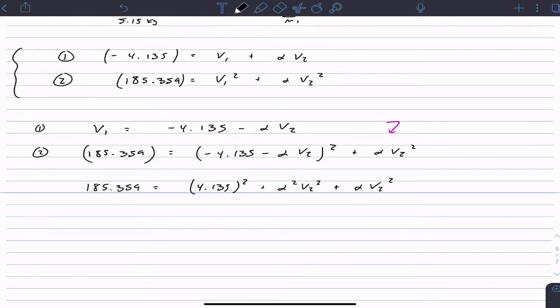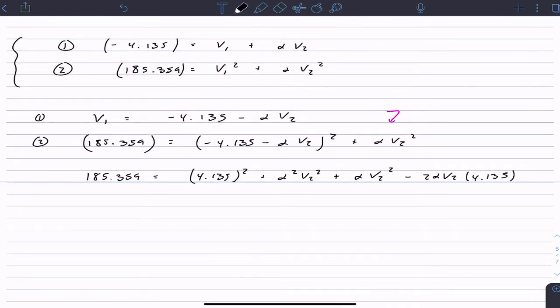And then what was it? Negative 2 alpha V2. Right, that's going to be negative times 4.135. This will be positive because they're both negative, so that leaves us with that.